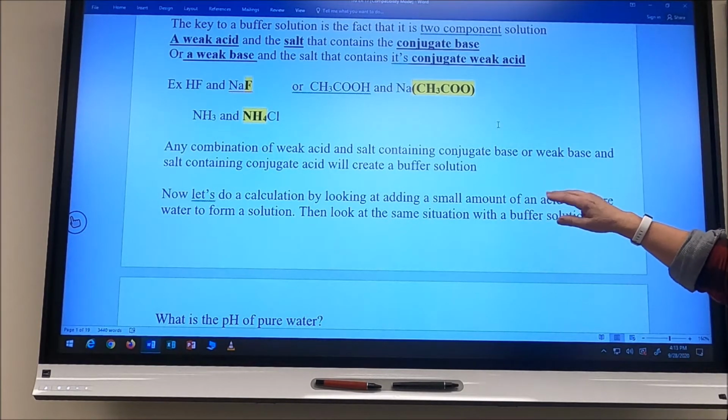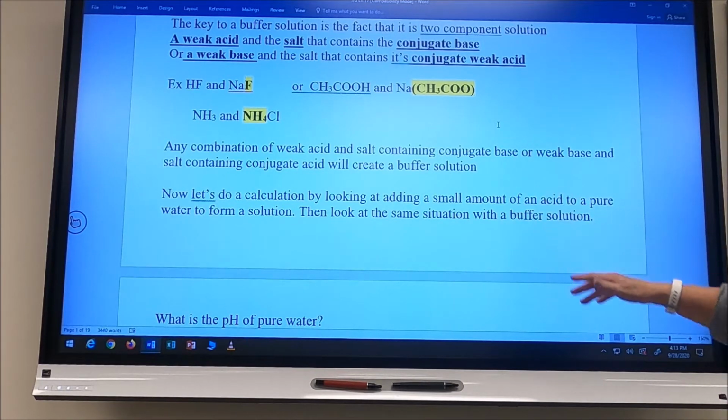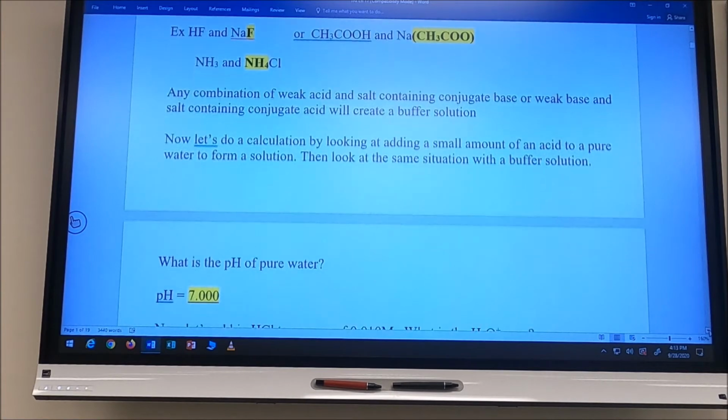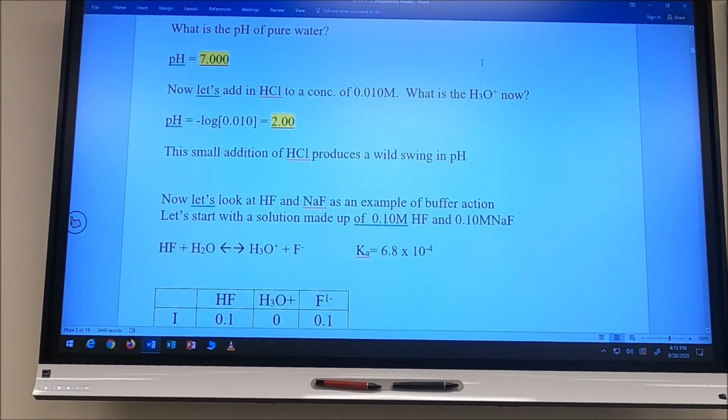Let's do some calculations looking at adding a small amount of acid to a pure water solution, and then the same situation for a buffer solution. So, pH of absolutely pure water is 7.